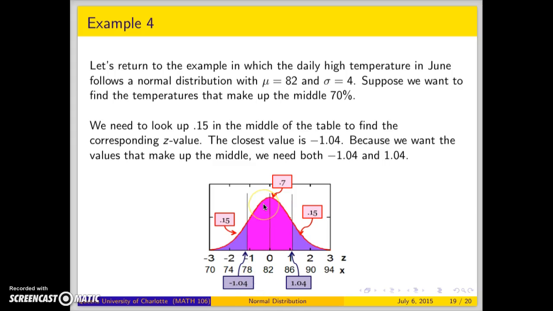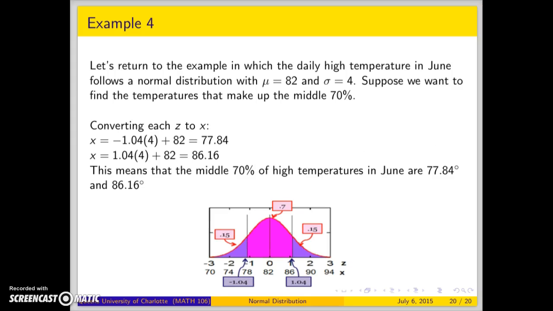Now we need to convert both of the z's to x's. So using the formula we rearranged, we have x equals negative 1.04 times the standard deviation, which is 4, plus the mean, 82, and we get 77.84.